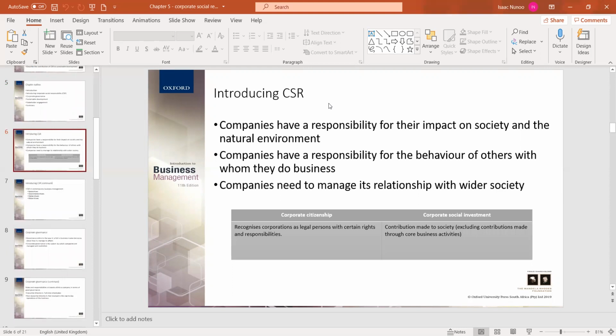But at the expense of making profit, you should not overlook the people that matter to the company. As a business entity, you should know your roles and responsibility in society, and how you can make impact in society.